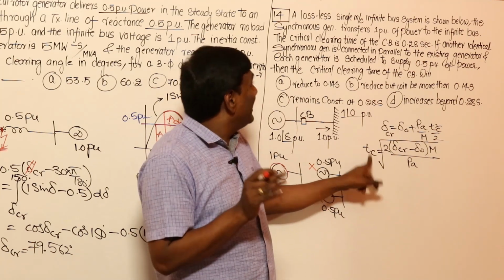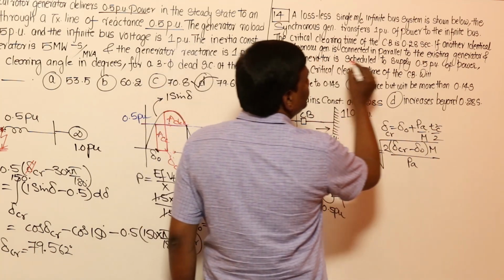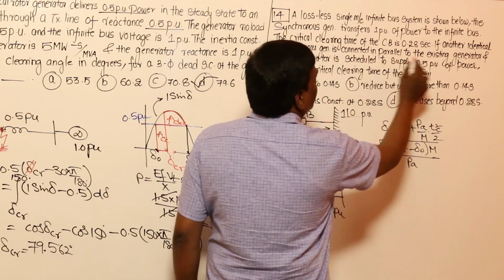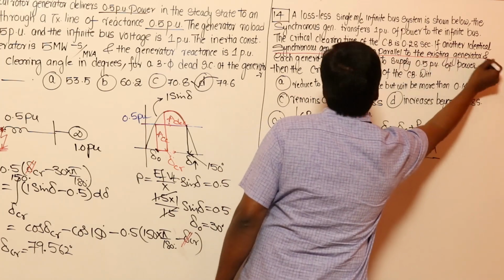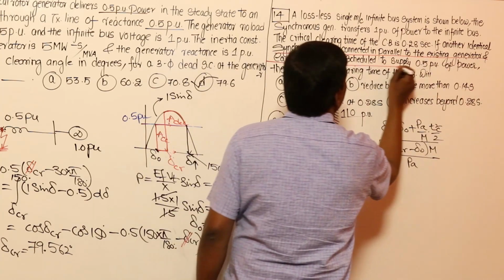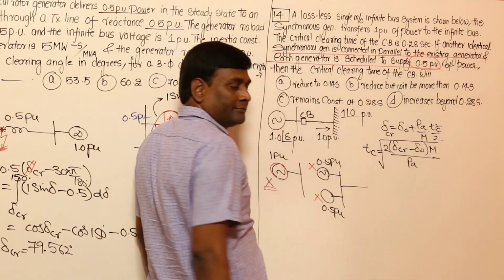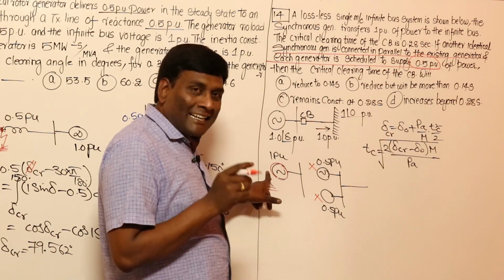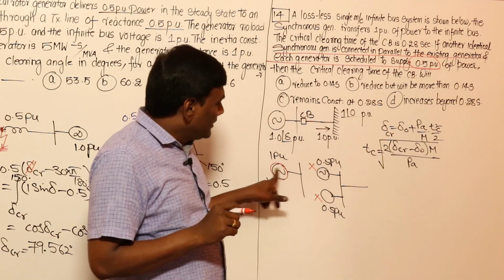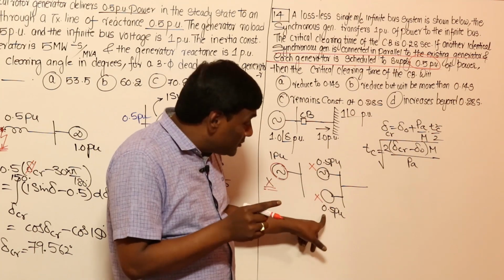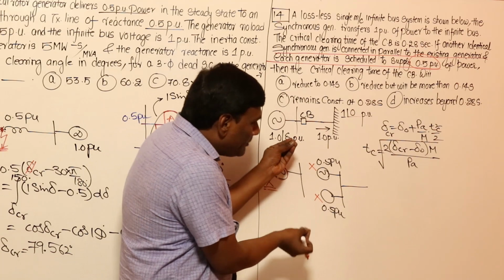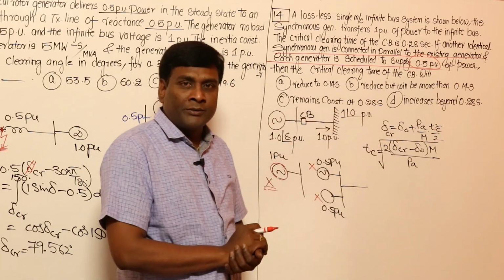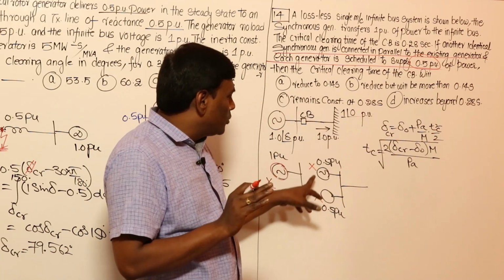But see what they have given clearly here. The critical clearing time, if another identical synchronous generator is connected in parallel to the existing generator, each generator is scheduled to supply 0.5 per unit. It means this is an X MVA machine, and this is also an X MVA machine. For example, this was supplying 1 per unit, now both machines combinedly supply 1 per unit, 0.5 each.